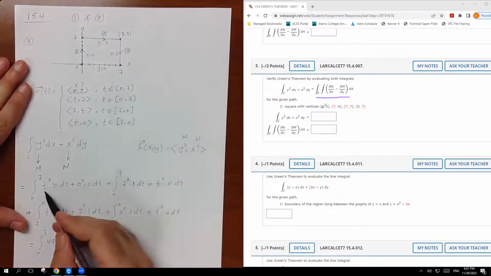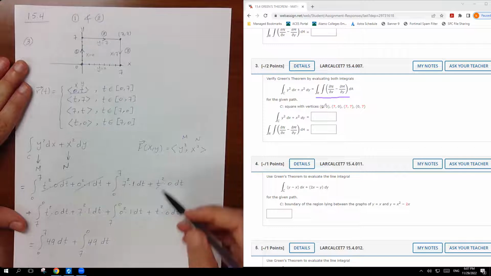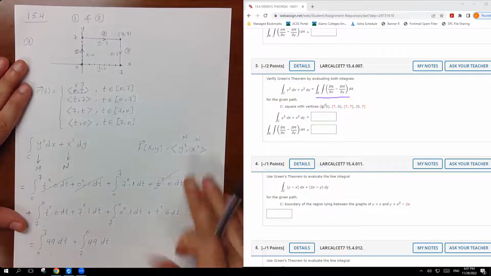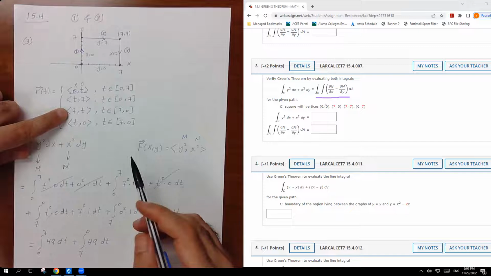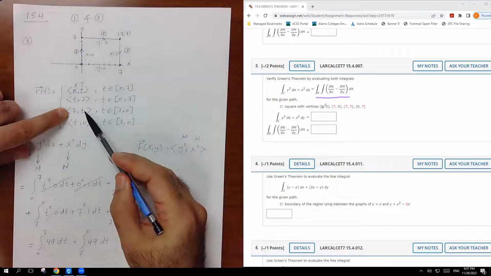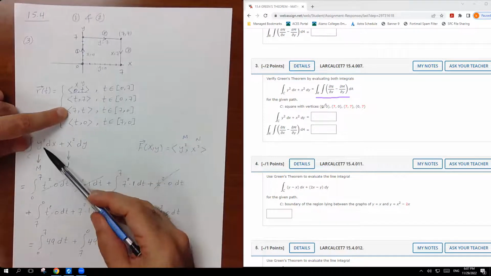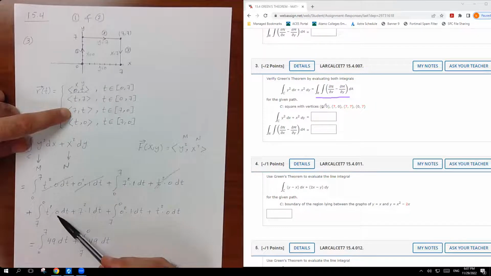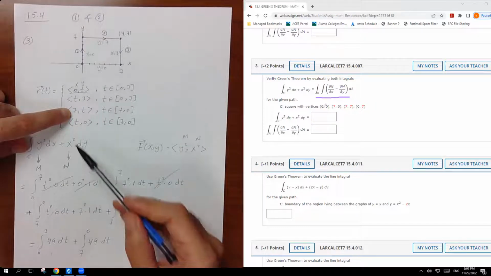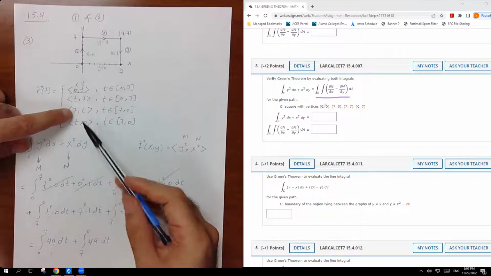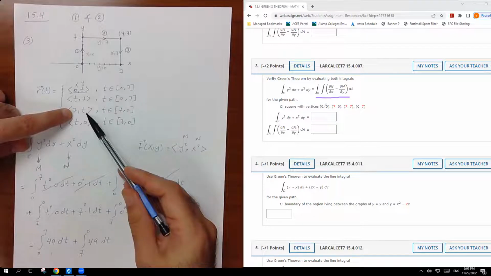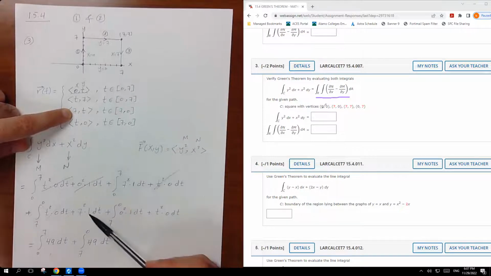So this is 0, and that's the only one we have here. Plus the third path: x is 7 and y is t. So y squared is t squared, dx is 0, plus x squared, that means 7 squared, dy is 1 dt.